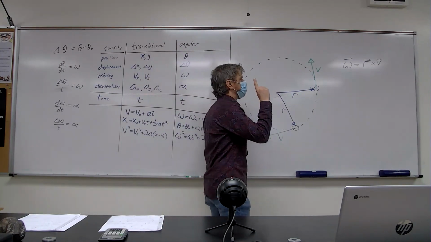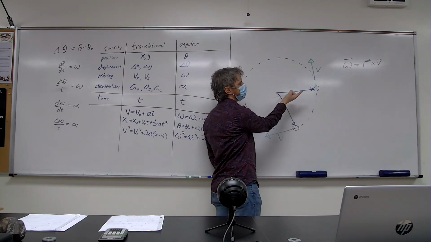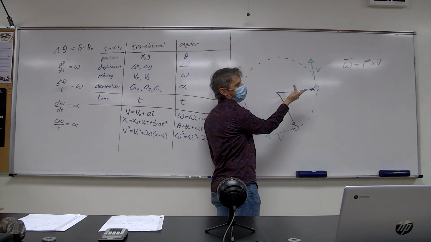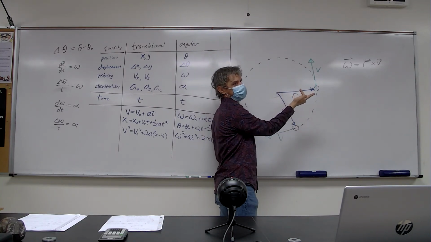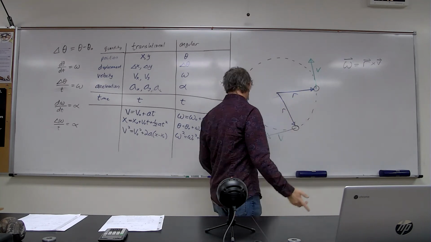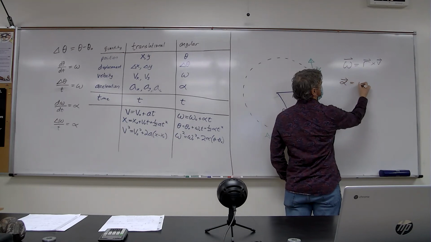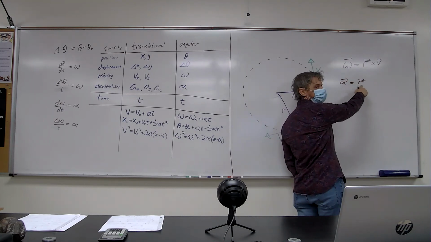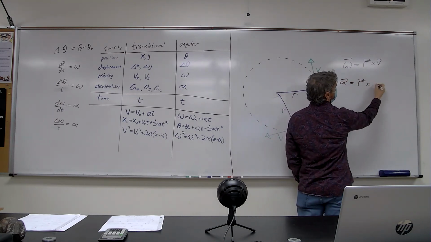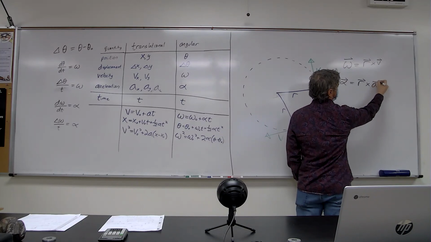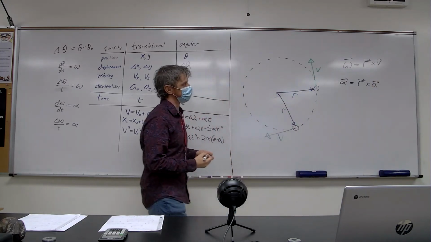Some say pointer finger first one, middle finger second one, thumb in the direction of the actual vector. Okay. And then you can extend this to angular acceleration. It is also the cross product of r, the radius, and the linear acceleration. Okay.